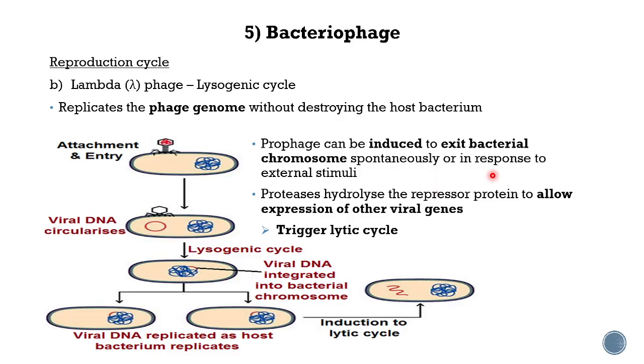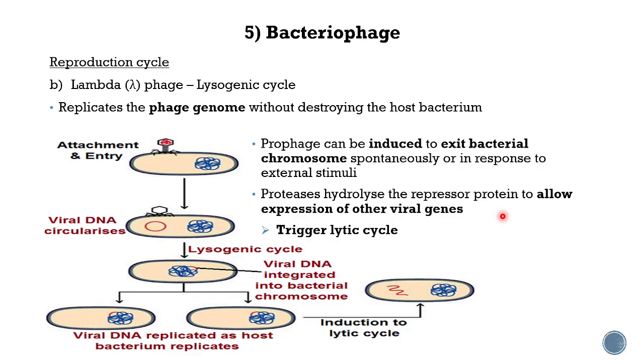And so that's why usually the triggers to return to the lytic cycle are certain stimuli that are detrimental to the bacterial cell. When the detrimental conditions arise, the bacterial cell will produce proteases as part of its own response. The protease will then hydrolyze some proteins inside the bacterial cell.